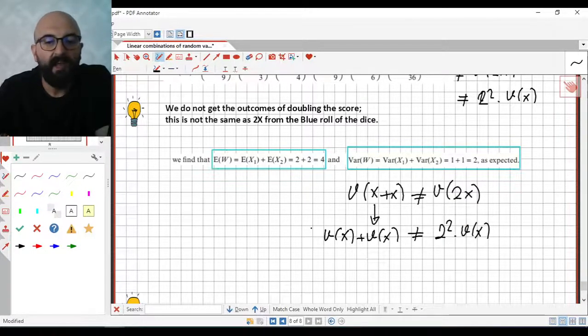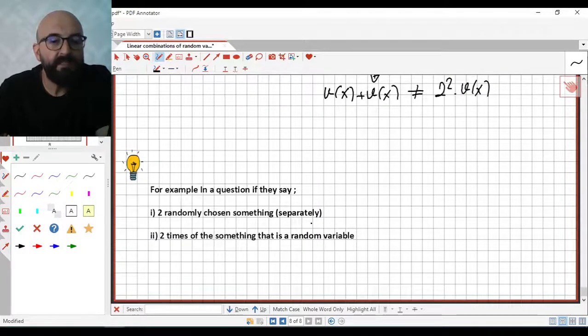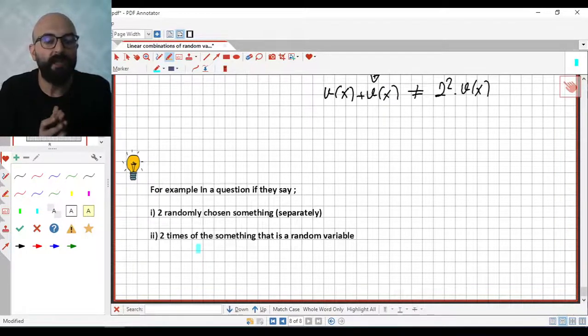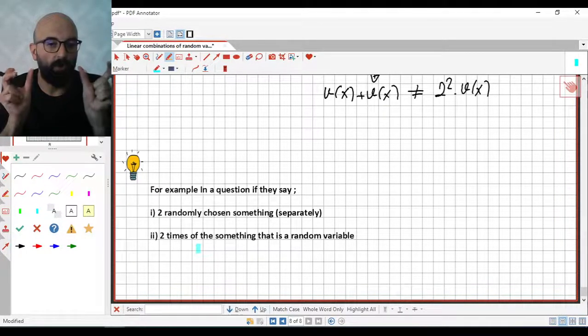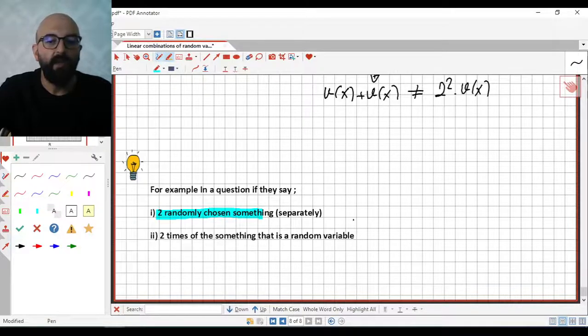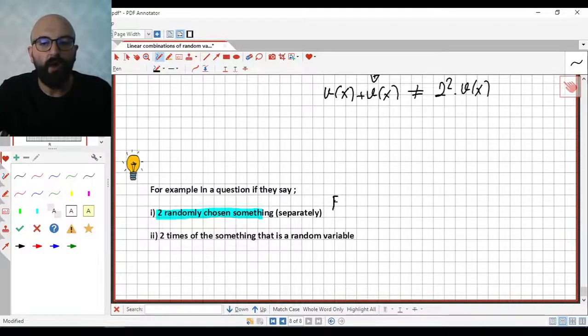Okay, now please notice that in some questions, you will look at some keywords. For example, if they say two randomly chosen items separately, then we should find x plus x.